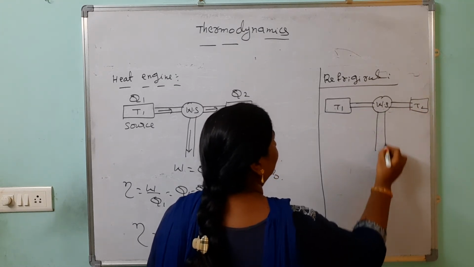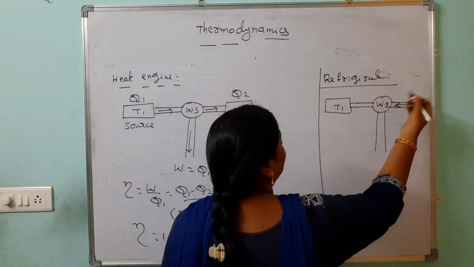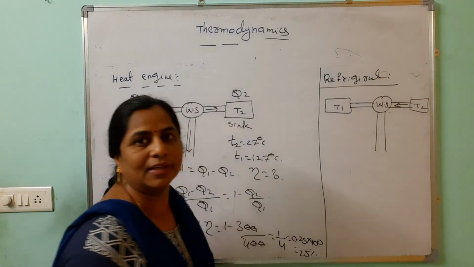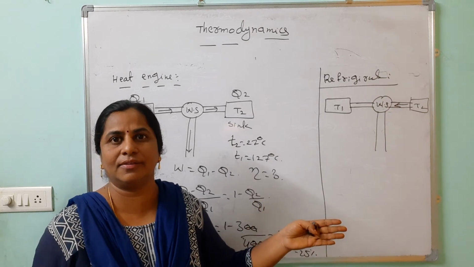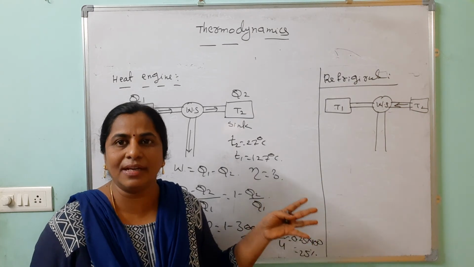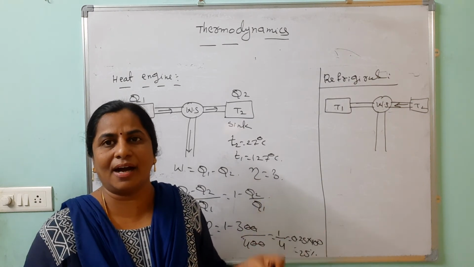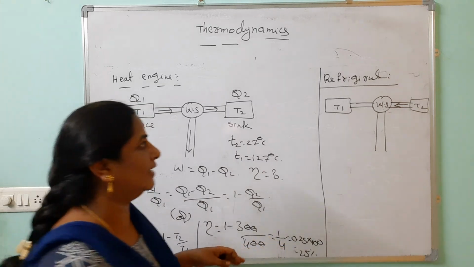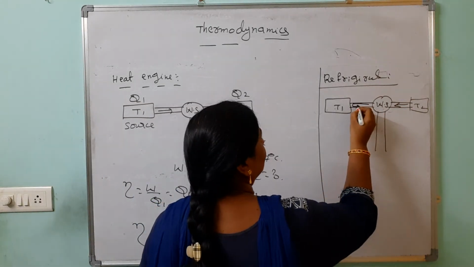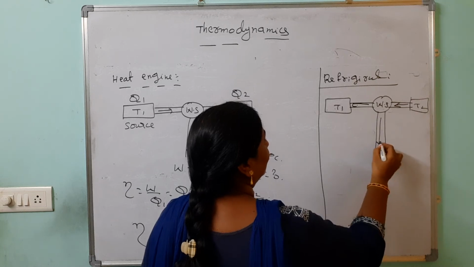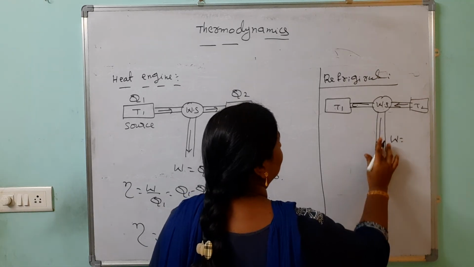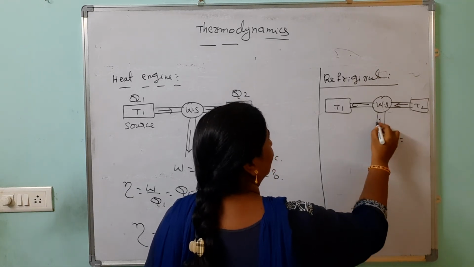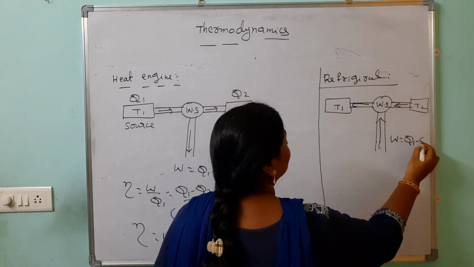But look here, heat is extracted from the cold body only. When we touch a refrigerator, we always feel hot there. Why? Because it is always rejecting heat energy, giving it to the source at T1. The working substance is as usual, with work Q1 minus Q2.